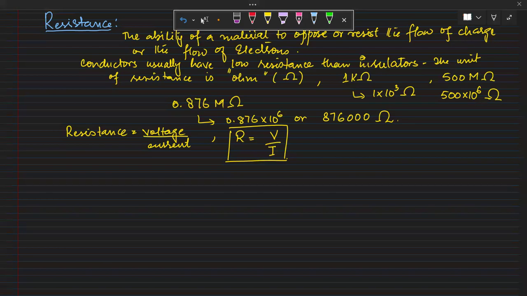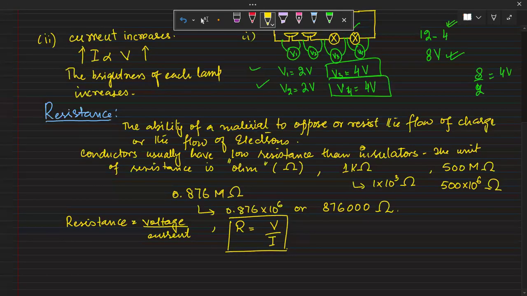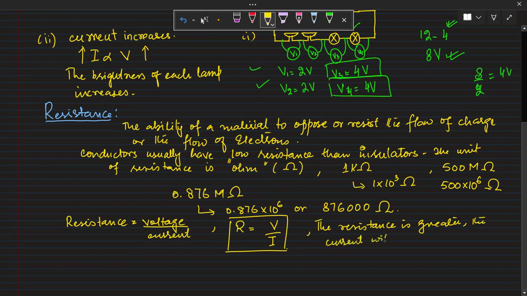One more thing to remember: the resistance slows down the flow of charges, because it opposes them. So if the resistance is greater, the current will be lesser.